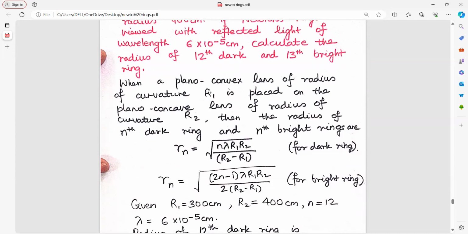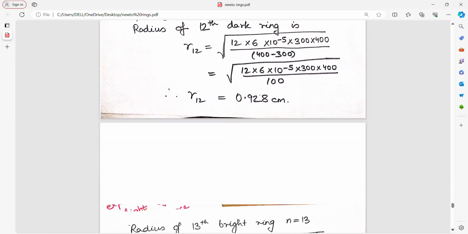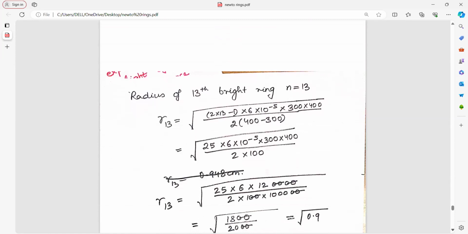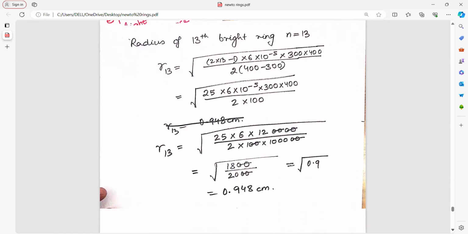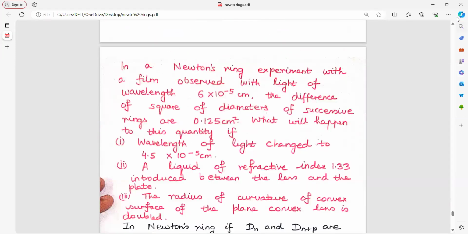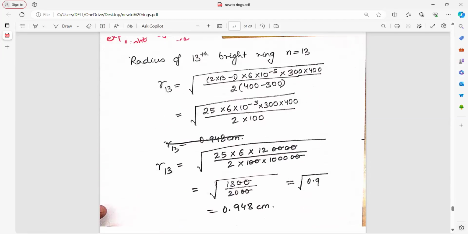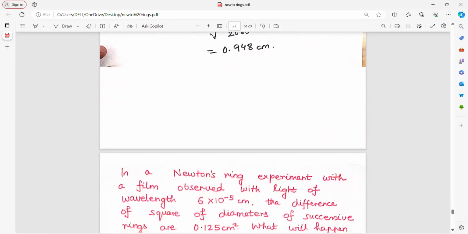We put the values that have been given in this question and simply solve. Radius of the 12th dark ring comes out as this much, and radius of the 13th bright ring is coming out this much. The question is asking how many fringes are appearing. No, you have only been asked the radius of the 13th and the 12th ring, okay.